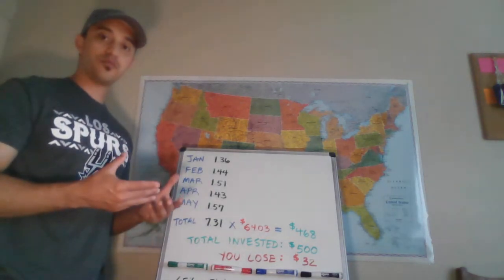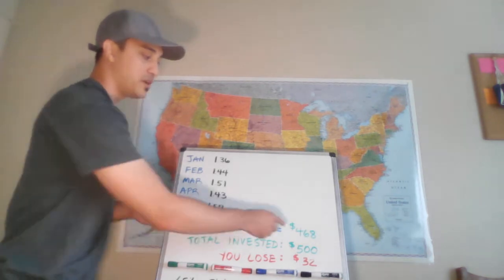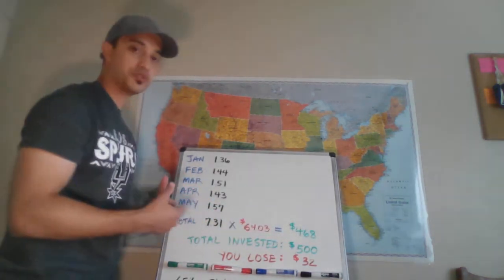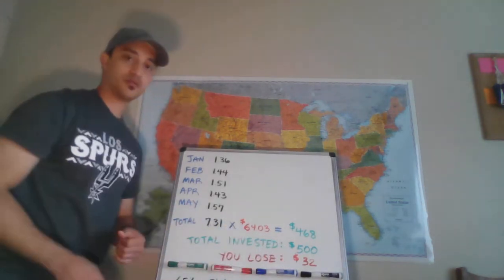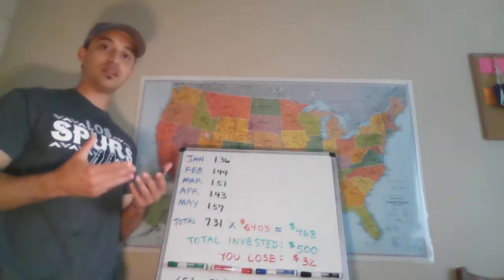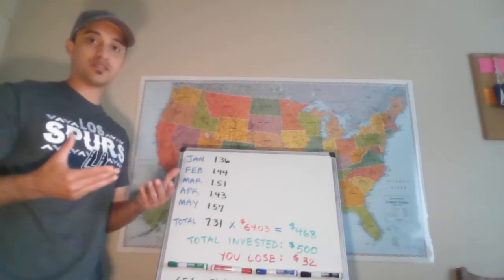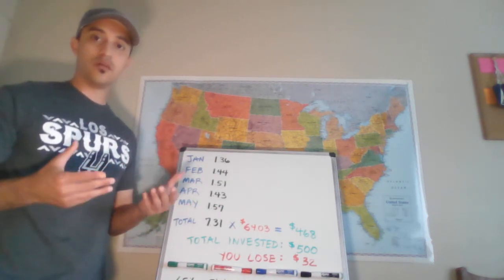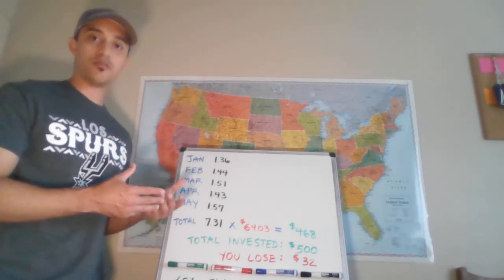So you invested $500 over the past 5 months, but you only made $468 when you sold all those shares, which means you actually lose $32. So you have less money now than you did when you started. That's not good. You don't want to do that when you invest. You want to have more money than when you started, right?